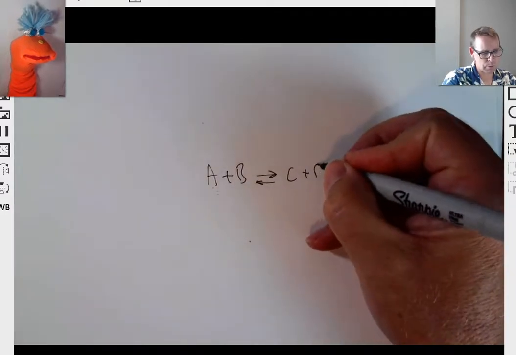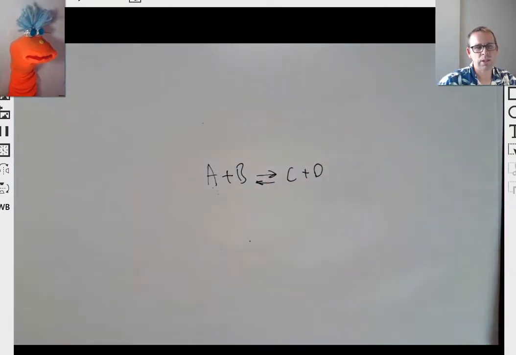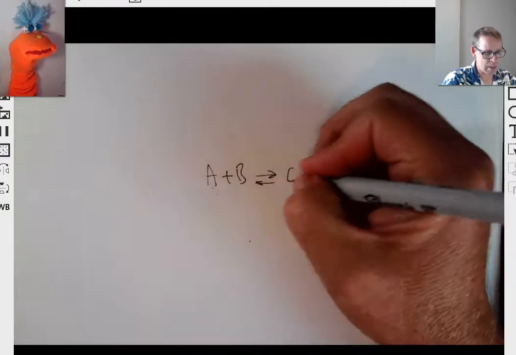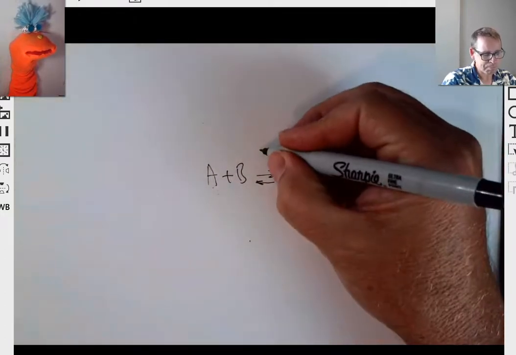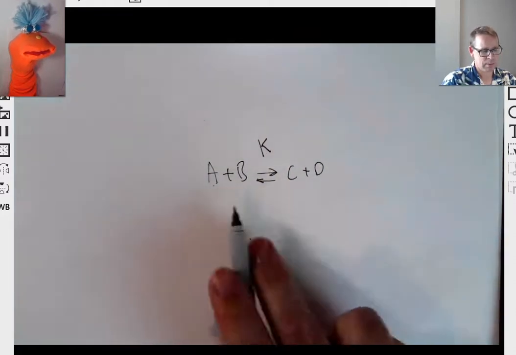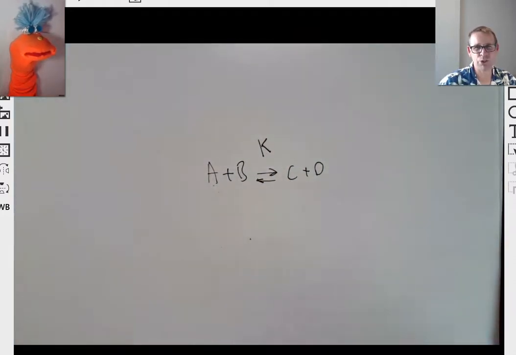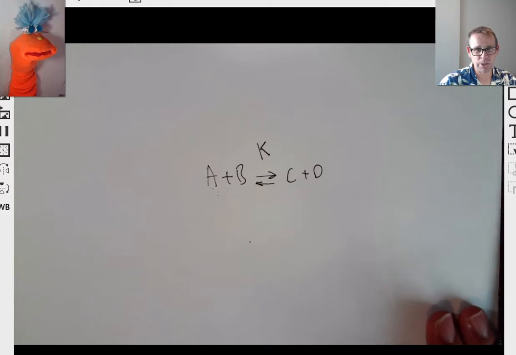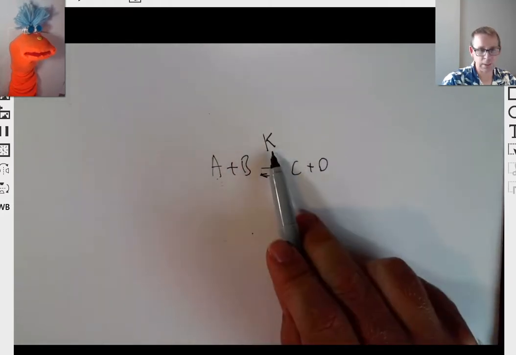And it could be more than one chemical. The way that we express how this equilibrium is situated when it reaches equilibrium is an equilibrium constant, right?